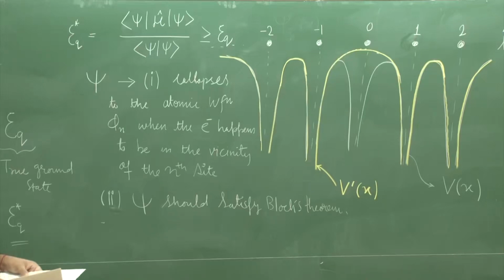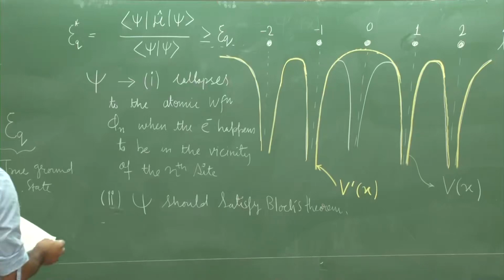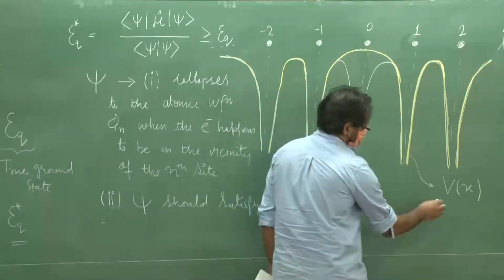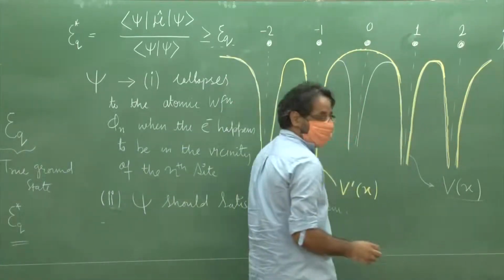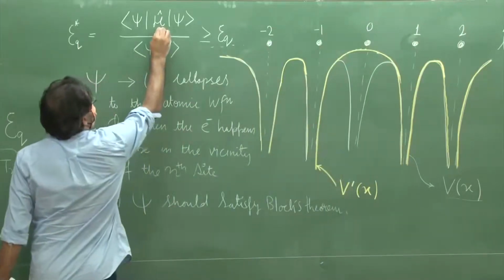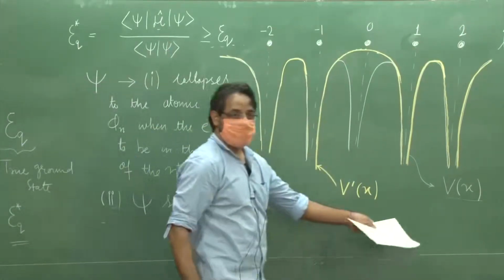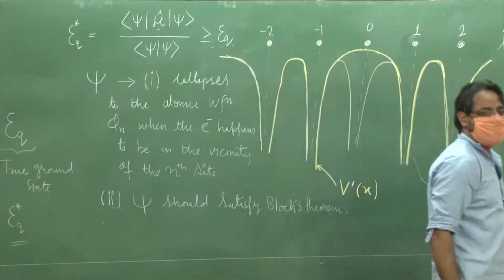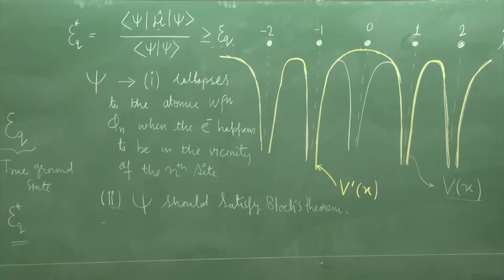That's a good point, and in fact, I did it, but I have also on the board v of x, and whatever we are doing here, this H is with this v of x, not with v prime x. I have drawn v prime x because I will use it at some later point.